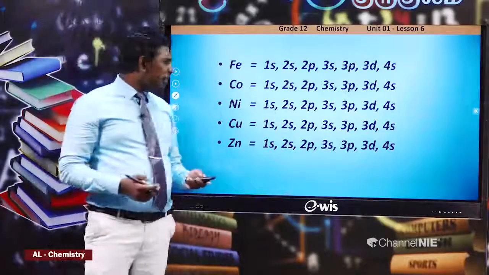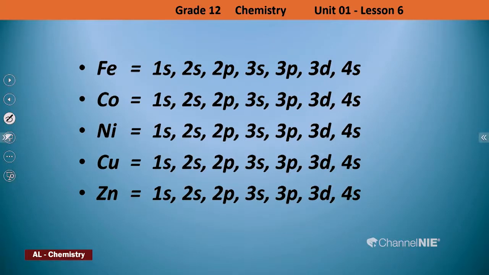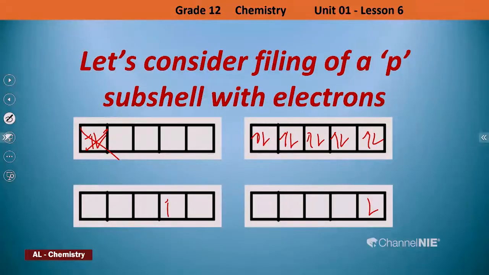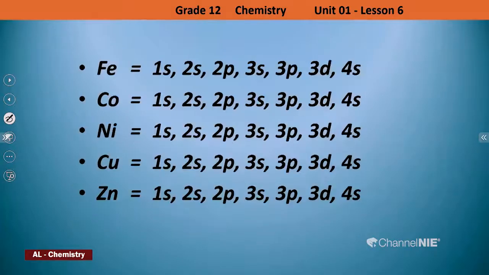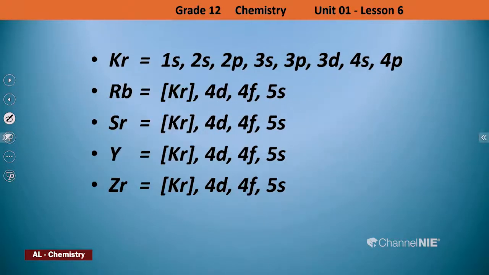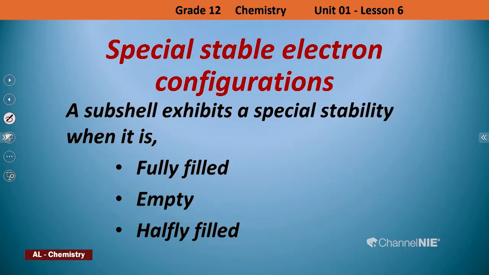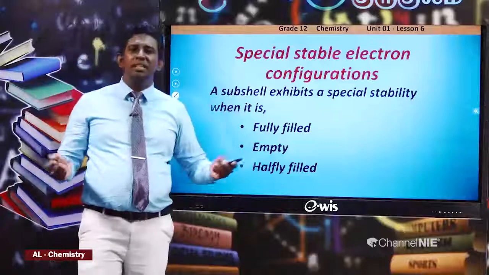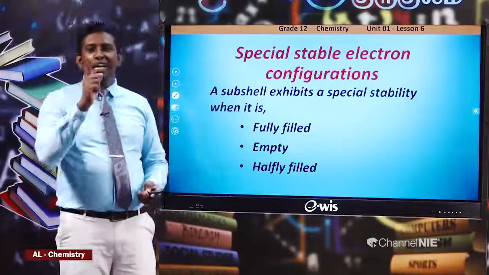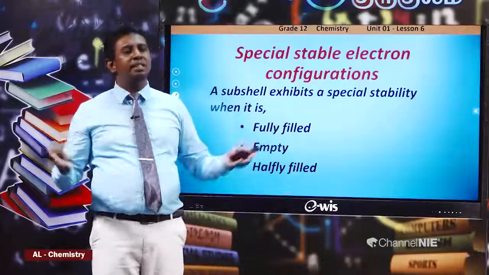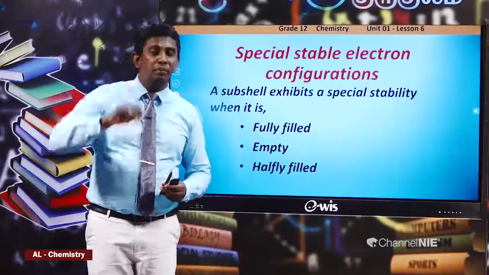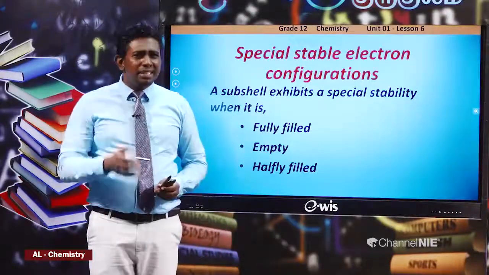So anyway, we are going to state chromium's electronic configuration, but I'm going to talk about another thing first. Students, let's say a subshell carries atomic orbitals: s has one atomic orbital, p has 3, d has 5, and f has 7 atomic orbitals.